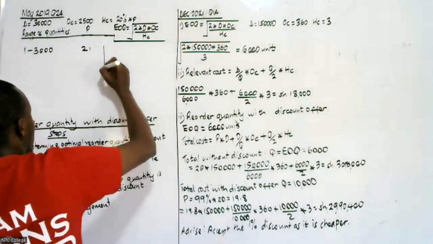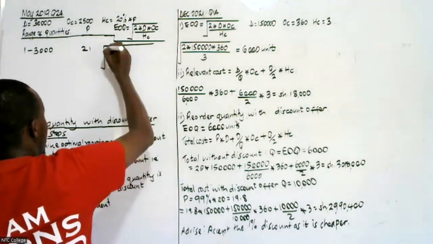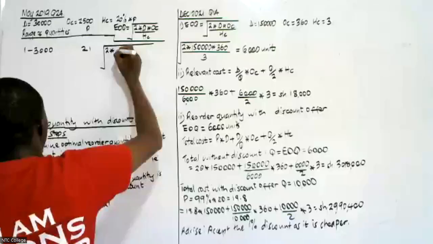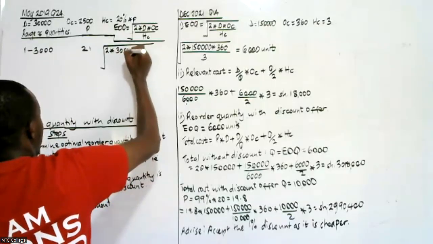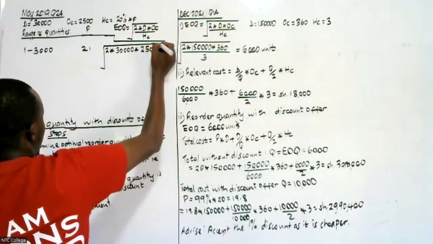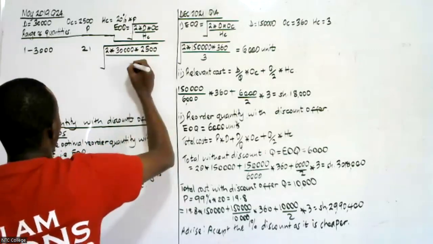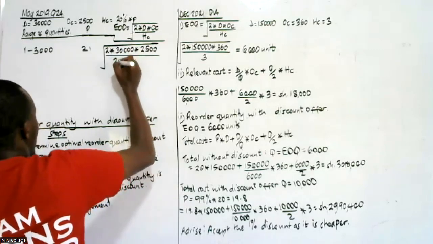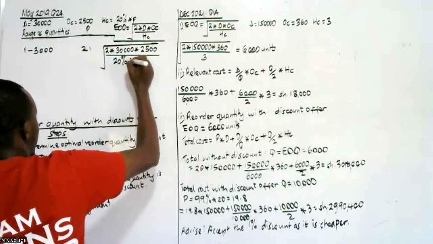So your EOQ will be the square root of 2 times 30,000 times 2,500, divided by holding cost, which is 20% of your purchase price.